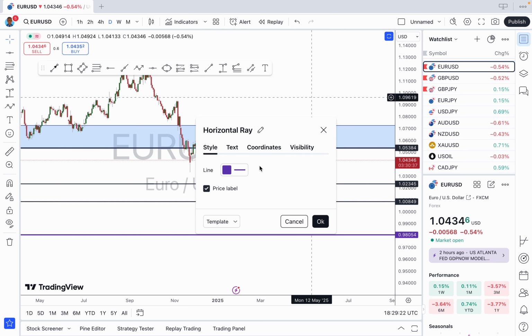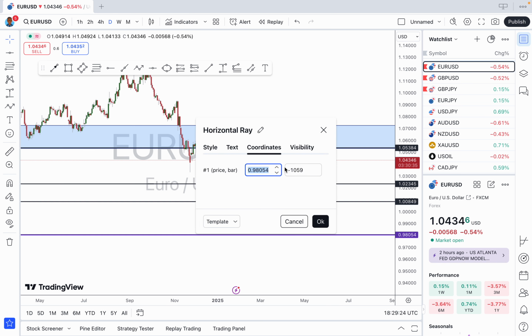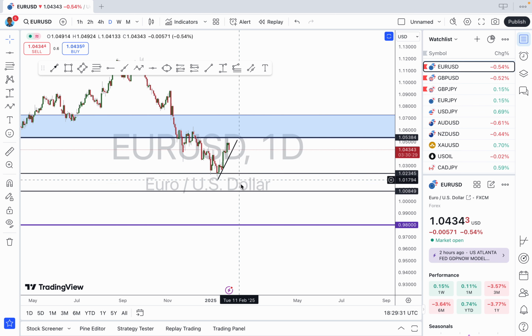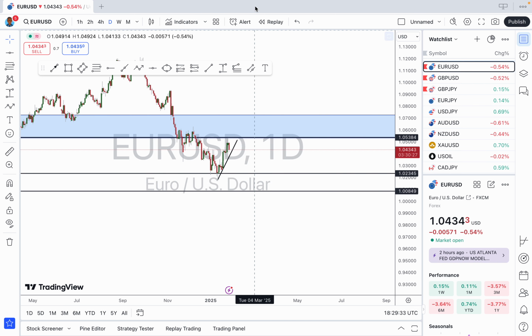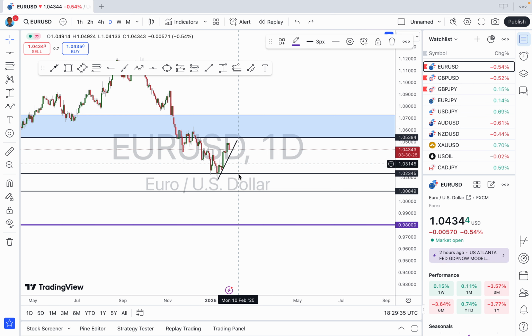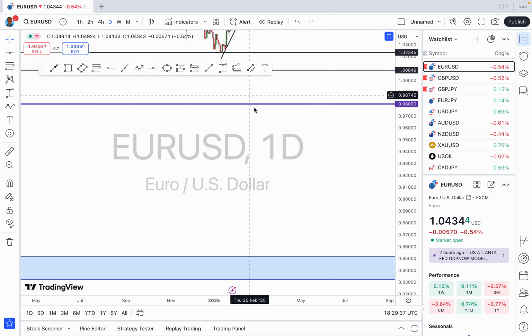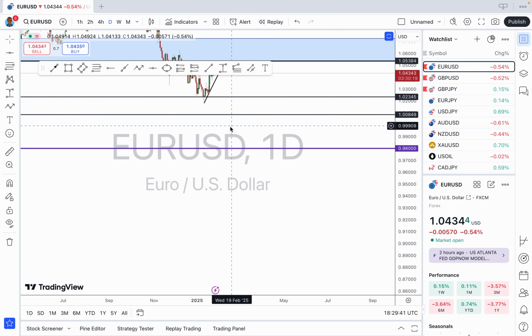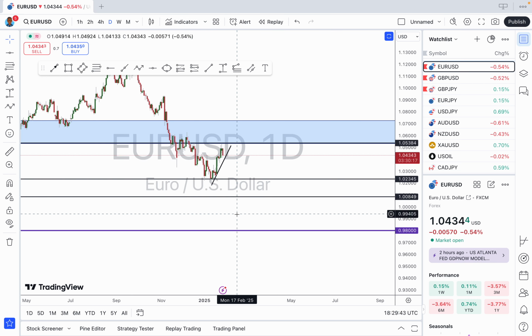Hold on. Coordinates. Right. From here to here is some good space, and you see we even have a monthly level here. So we are just getting started, really, right?